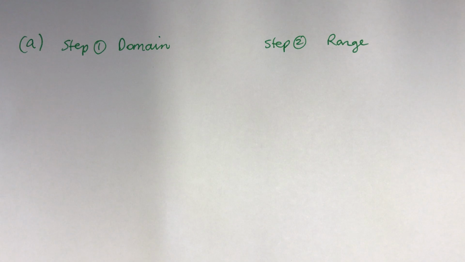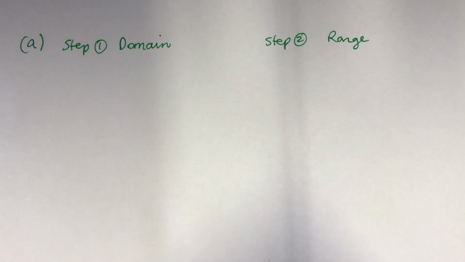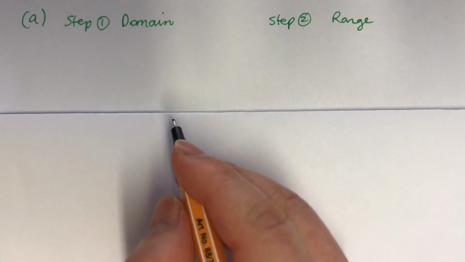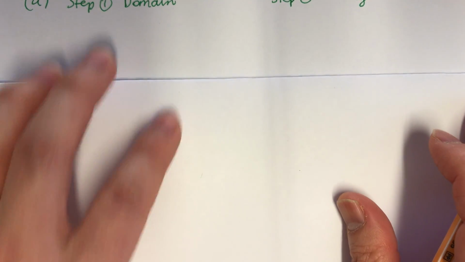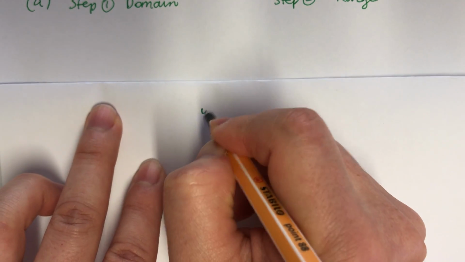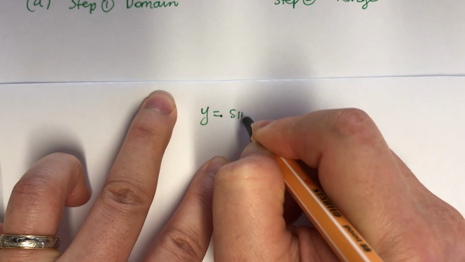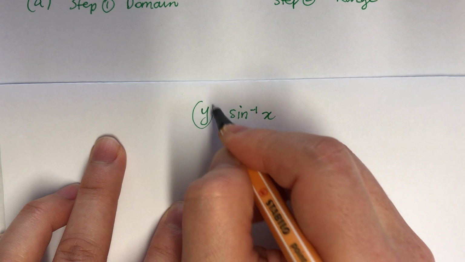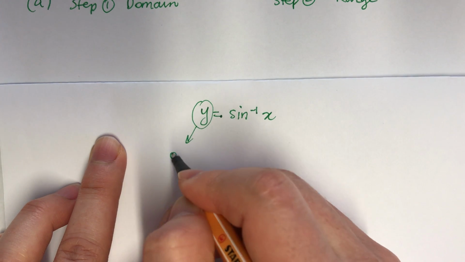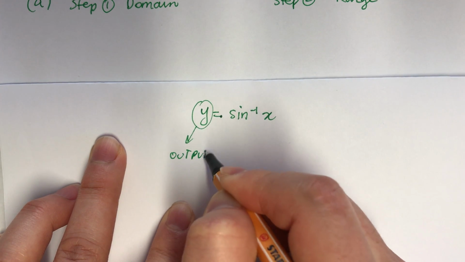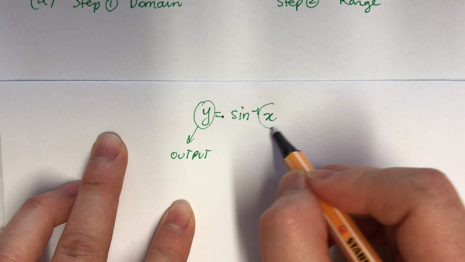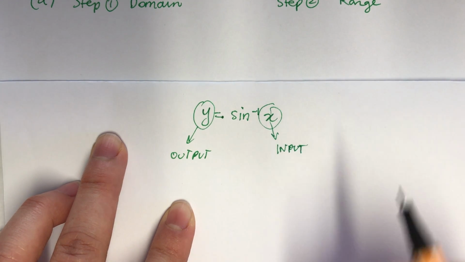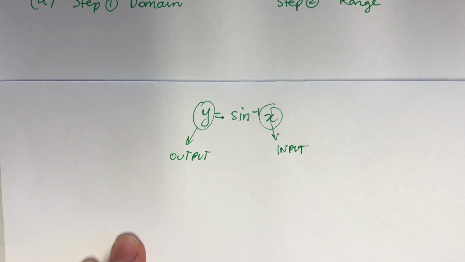Now I'm going to show you something before we do other things. I don't want to write it on there because I'm going to use it. So let's have a look at this. When we do y equals inverse sine x, that's my output. I'll put something in there, and that's my input, because it's inside input.